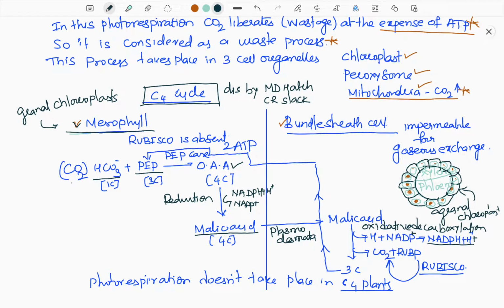So here NADPH is formed. I think you are following very well. You require a lot of patience to understand all this. I am explaining the C4 cycle now. In mesophyll cells, NADPH is consumed. In bundle sheath cells, NADPH is produced. This takes place by malic enzyme, that is ME.